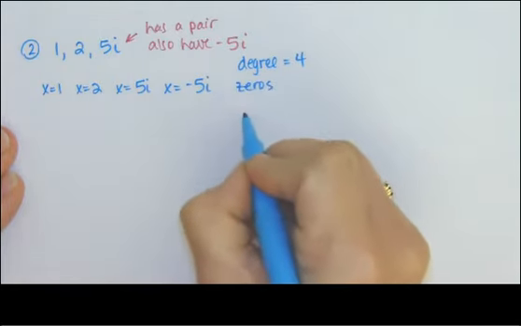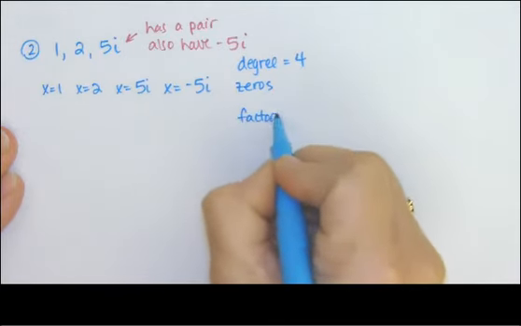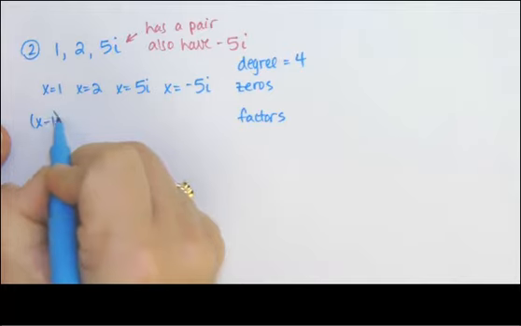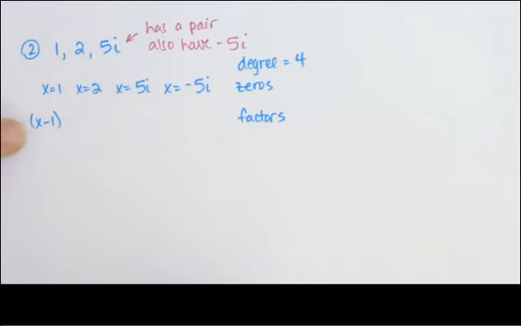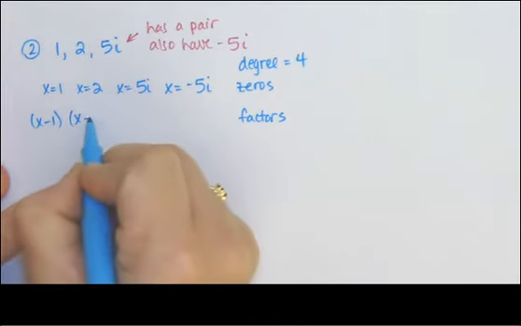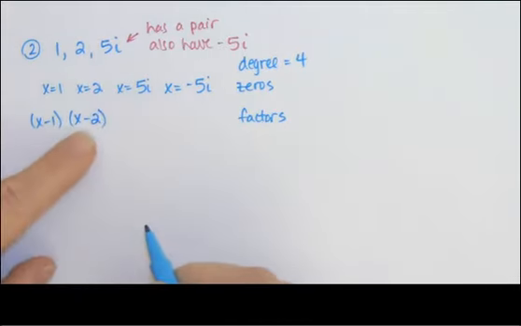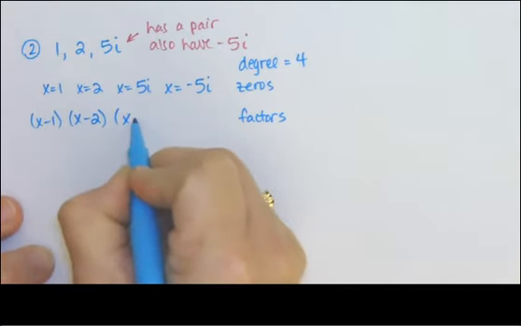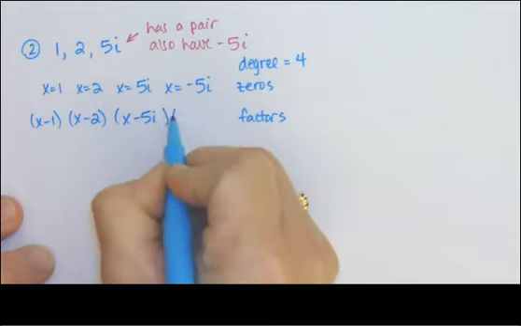So here are my 4 zeros. I want to convert those into factors. The first one is x minus 1. Remember, because we're taking the factor and setting it equal to 0, we get the opposite answer here. X minus 2, so if I set that equal to 0, I'd get x equals 2. I have an x minus 5i and x plus 5i.